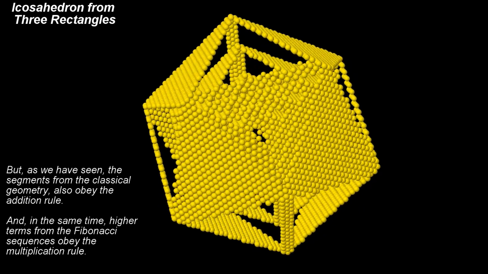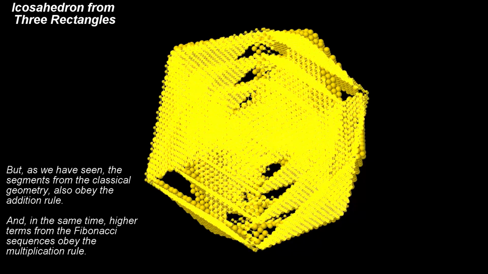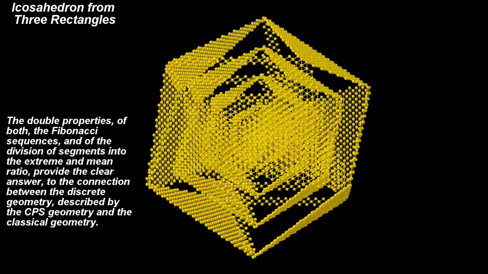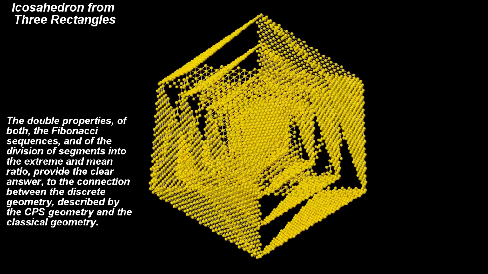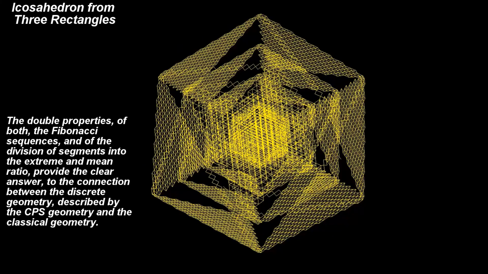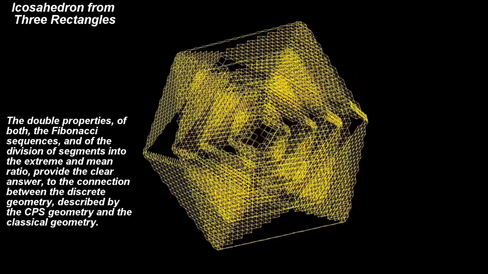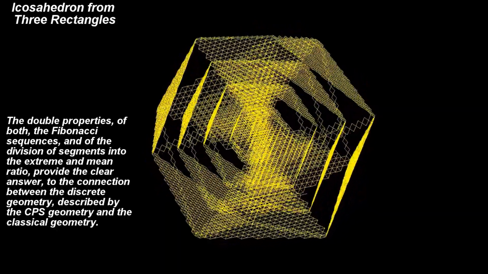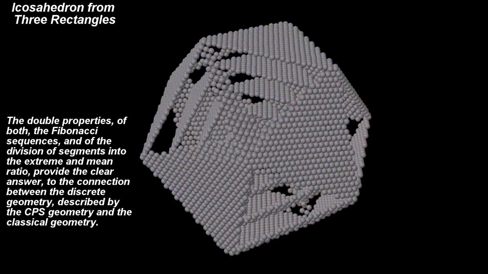And at the same time, higher terms from the Fibonacci sequences obey the multiplication rule. The double properties of both the Fibonacci sequences and of the division of segments into the extreme and mean ratio provide the clear answer to the connection between the discrete geometry described by the CPS geometry and the classical geometry.